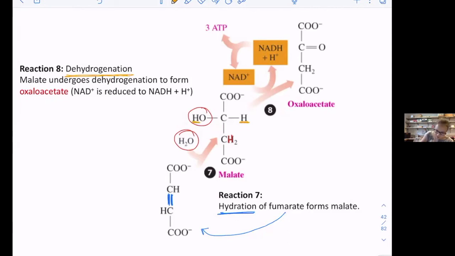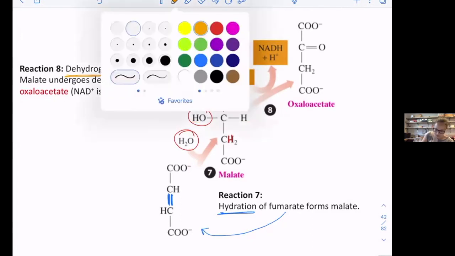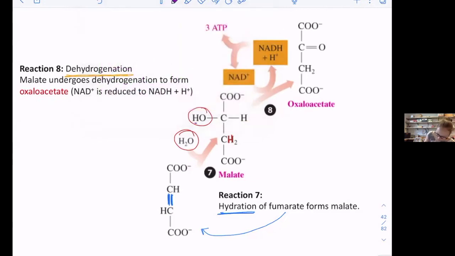Let's do a different color. How about purple? This hydrogen and this hydrogen are what gets transferred to the NAD+, forming NADH. And then you overall form that ketone here. In this process, again, we are forming even more ATP. So 3 more ATP out of step number 8, going from malate to oxaloacetate.